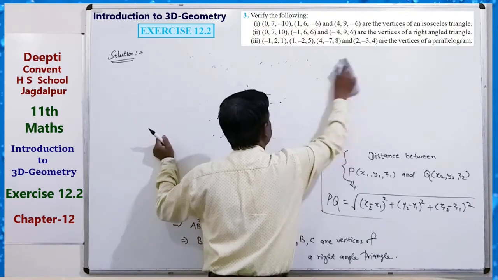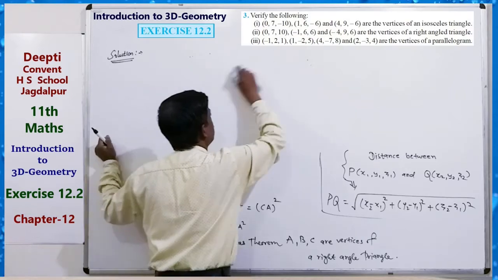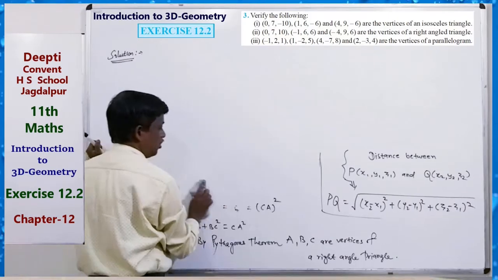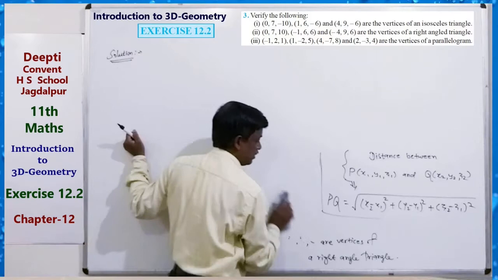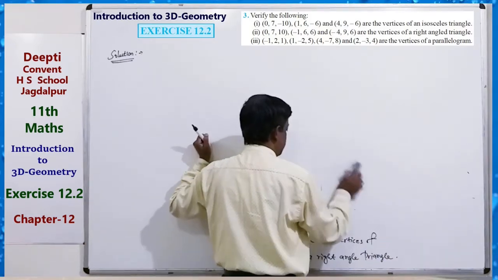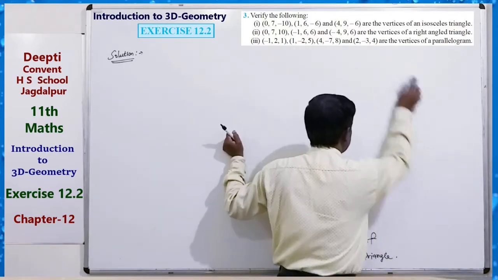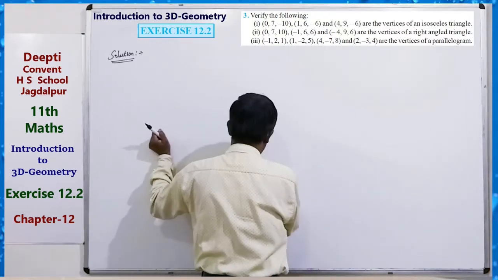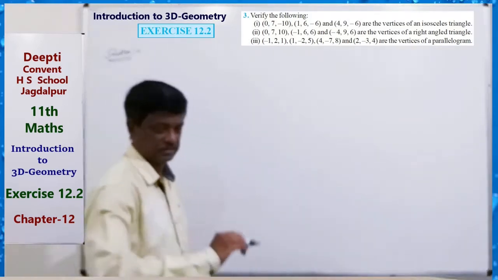So here, taking the points in order, we have to find the length of the sides. Points are given, just see.